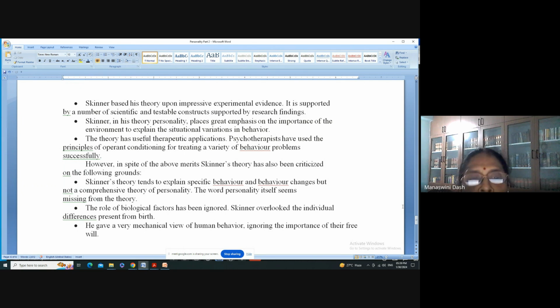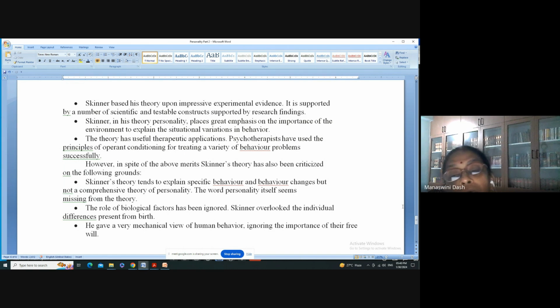The theory has useful therapeutic applications. Behavior modification techniques are there, and behavioristically oriented psychotherapists have used the principles of operant conditioning for treating a variety of behavior problems successfully.